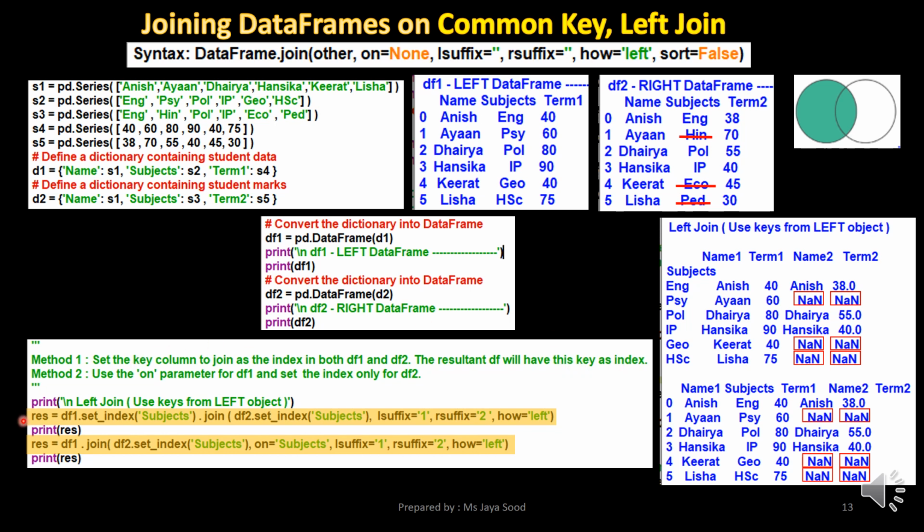The data frame object res is created by writing the statement df1.set_index('subjects').join(df2.set_index('subjects'), lsuffix='1', rsuffix='2', how='left').